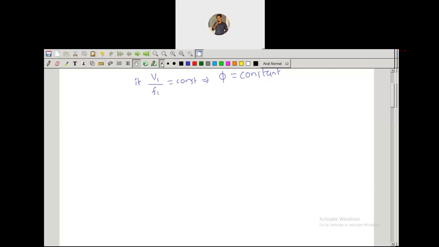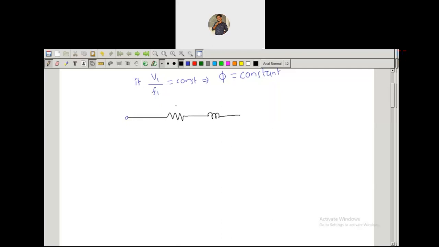So to know the torque equation, I'm drawing this diagram. Let me recall it here.